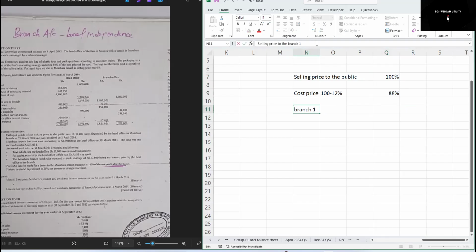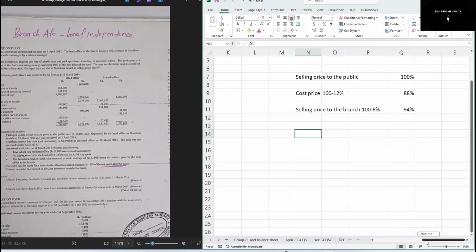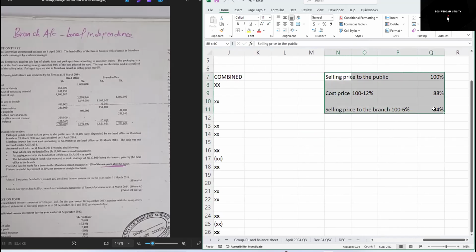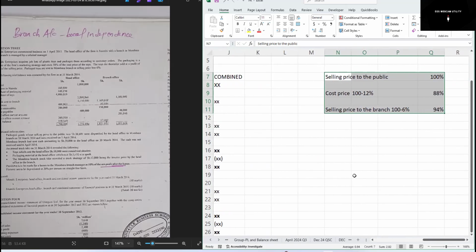So we take 100 minus 6, which gives 94%. This is our selling price to the branch, this is our selling price to the public, and this is the cost. The cost cuts across either branch or head office. So the first information was helping us get this information also. Okay, write that if you have not written it.